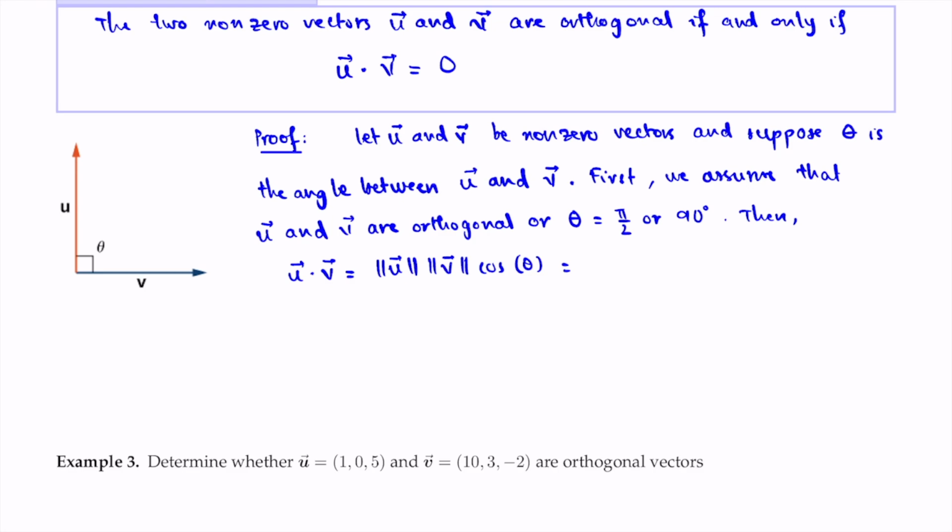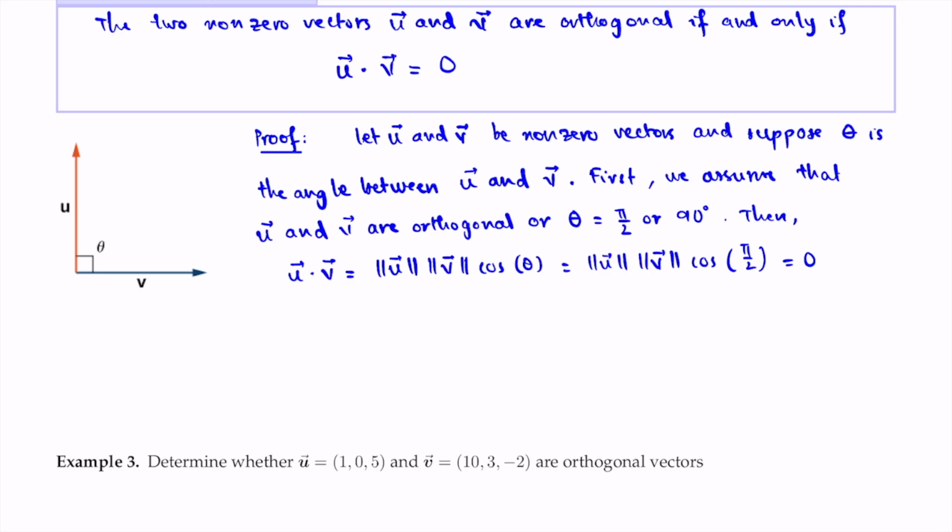But in this case, theta is equal to pi over 2 or 90-degree angle. So therefore, you get the magnitude of u times the magnitude of v times cosine of pi over 2, and cosine of pi over 2 is equal to 0. Therefore, the dot product is equal to 0.